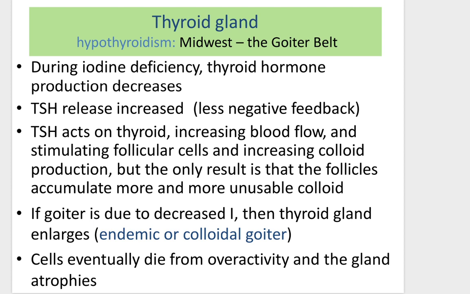But the only result is that the follicles accumulate more and more unusable colloid. If goiter is due to decreased iodine, then the gland is enlarged. We name it endemic or colloidal goiter. Cells eventually die from overactivity and the gland atrophies.